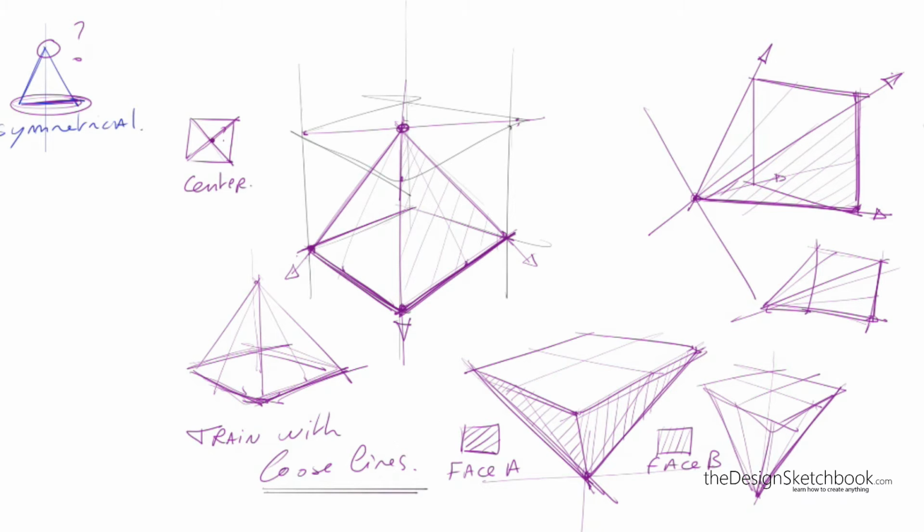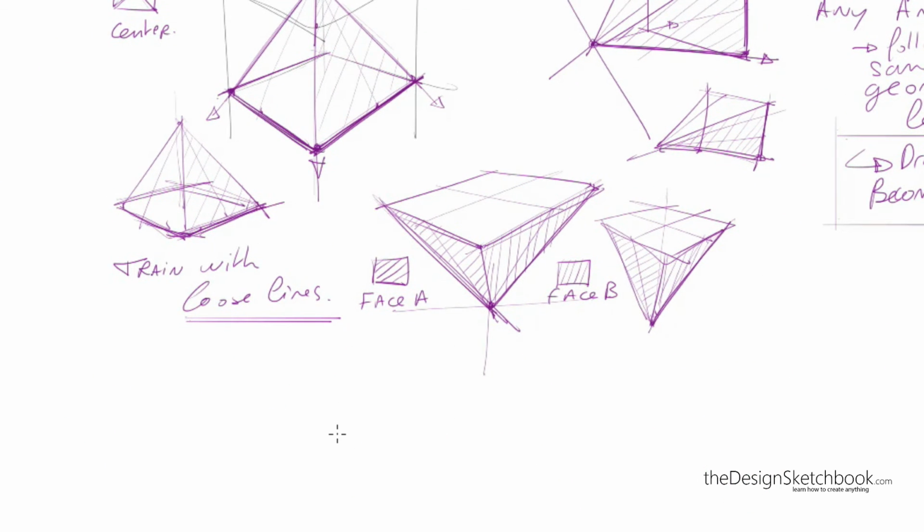Drawing with loose lines. Add some hatching right here. So the hatching adds some clarity to your drawing.